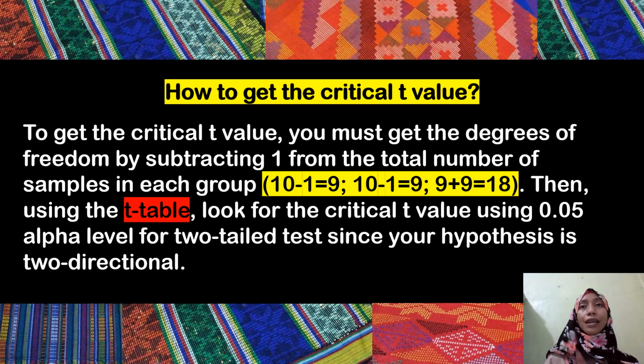And then we add 9 plus 9, and that would give us 18. Then, using the t-table, we'll look for the critical t-value using 0.05 alpha level for two-tailed test, since our hypothesis is two-directional.